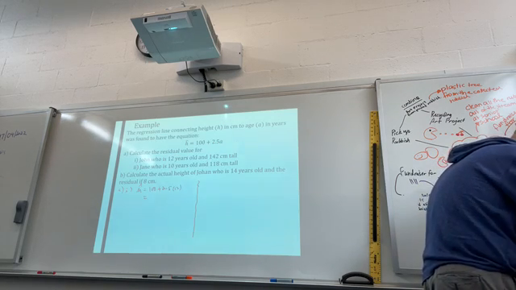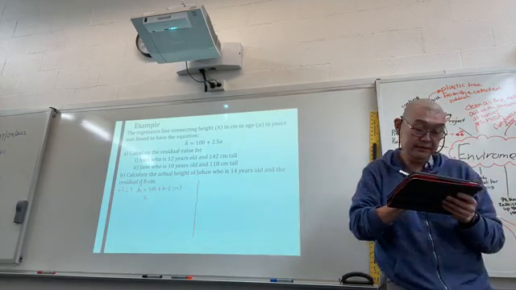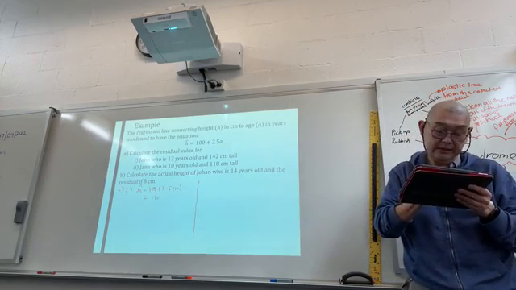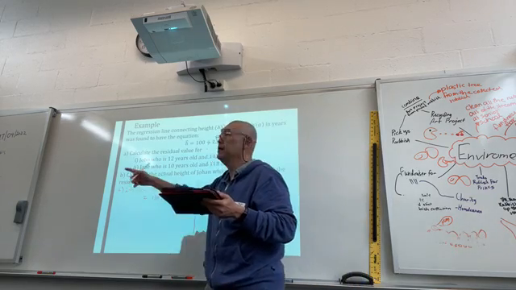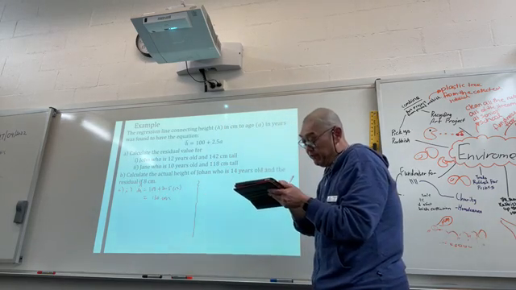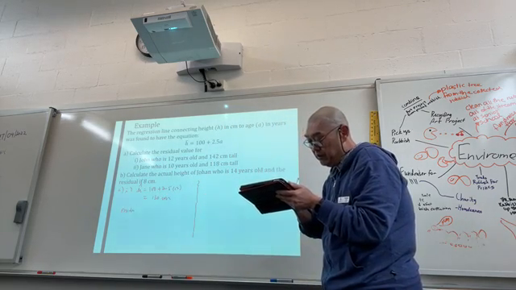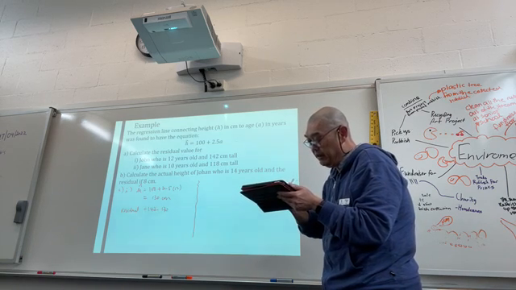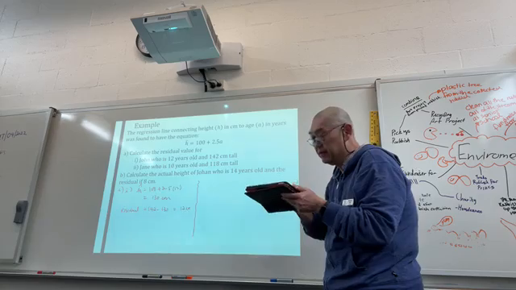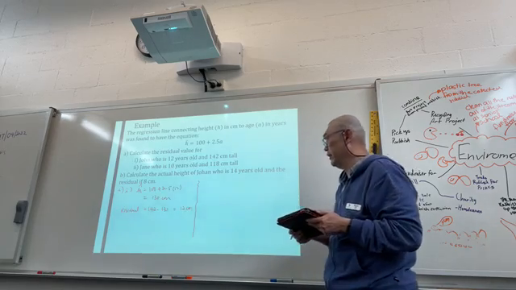So it works out to be 130 centimeters. That's the estimated height, the predicted height. So therefore the residual is 142 minus 130, which is 12 centimeters. Make sure that you know your unit.